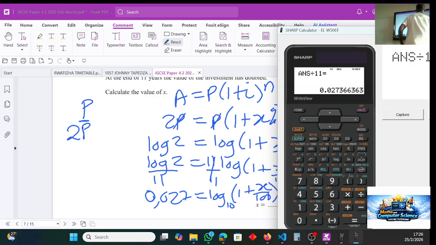So let me see if my calculator can assist me. I've got the answer there, so I can choose to type 10 to the power, let me go to alpha, then answer. And when I say equal, that's what I'll have.